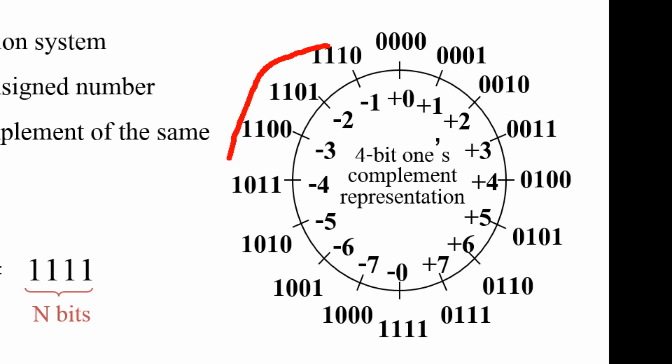To find the negative binary code, you just take the 1 complement of the positive one. Namely, for minus 2, for example, it's 1 1 0 1, the 1 complement of 0 0 1 0. Opposite together, invert bit by bit.